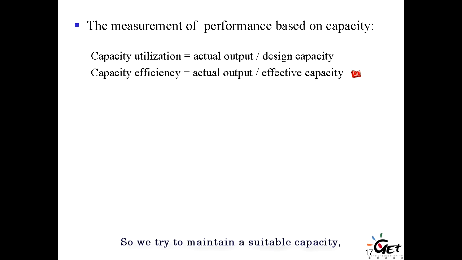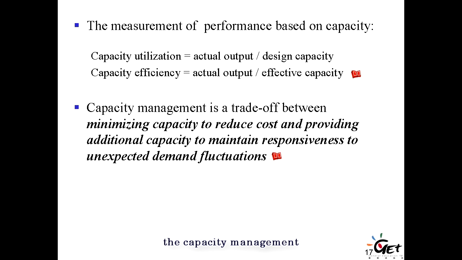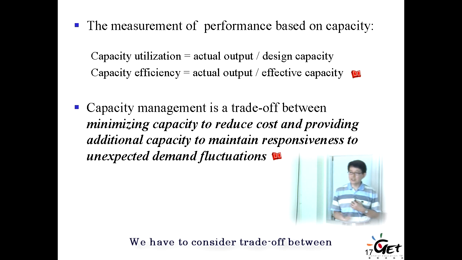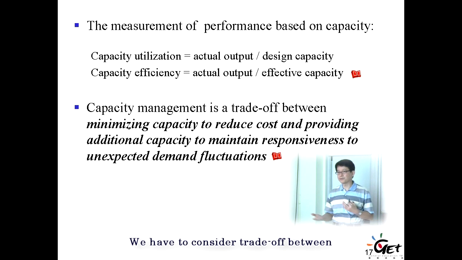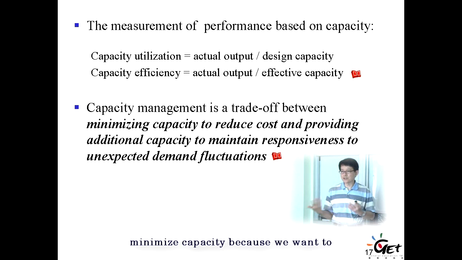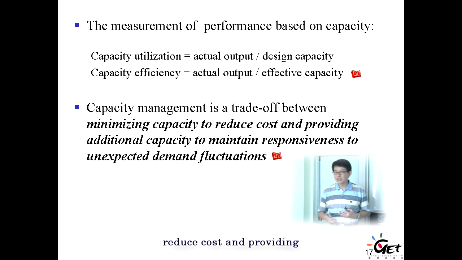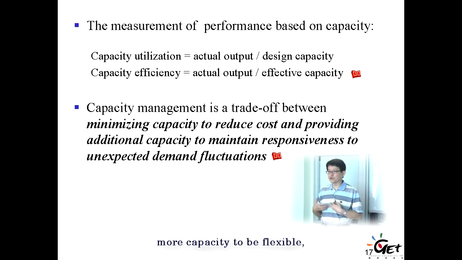So we try to maintain a suitable capacity, right? We try to have a reasonable design capacity, okay? So how much will the capacity be? This is the question that needs to be answered, the capacity management, right? We need to consider the trade-off between minimizing capacity because we want to reduce cost, and providing more capacity to be flexible to serve our customers.